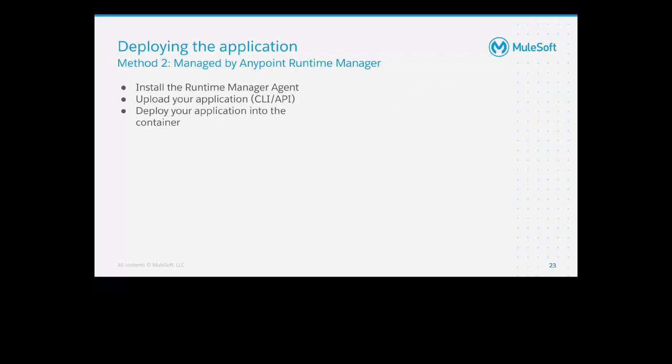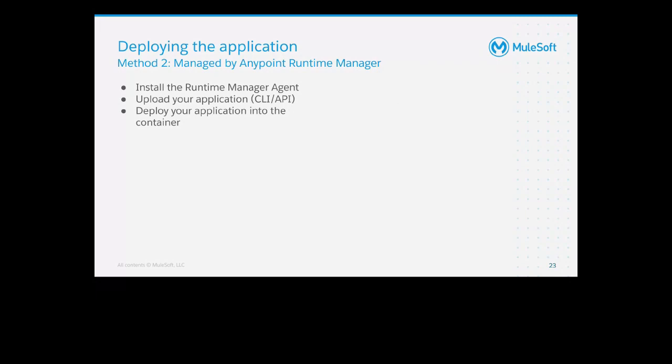And that's method two. So when you have your base image and you start the Mule runtime, you need to do a little bit more. You need to install and activate the Runtime Manager agent. You need to upload your application using either the command line or the API into the platform.